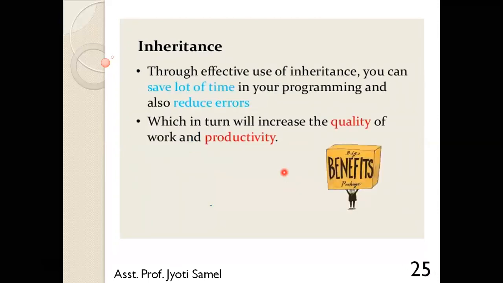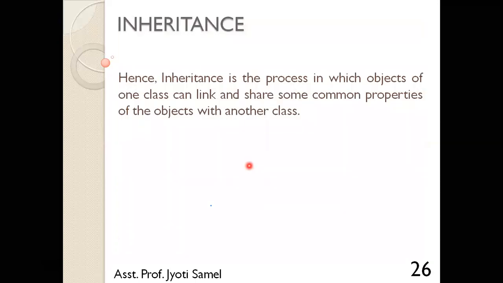So through effective use of inheritance, you can save a lot of time in your programming and also reduce errors, which in turn will increase the quality of work and productivity. Thus, here we define inheritance.